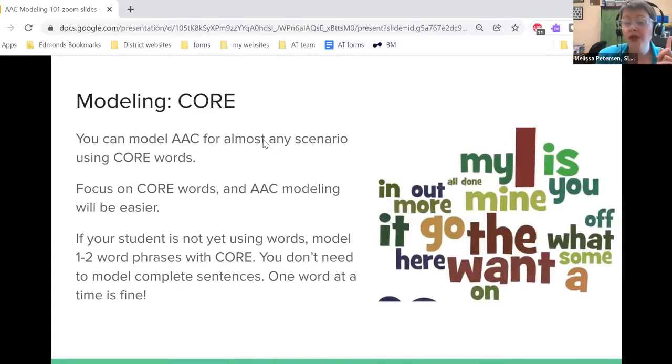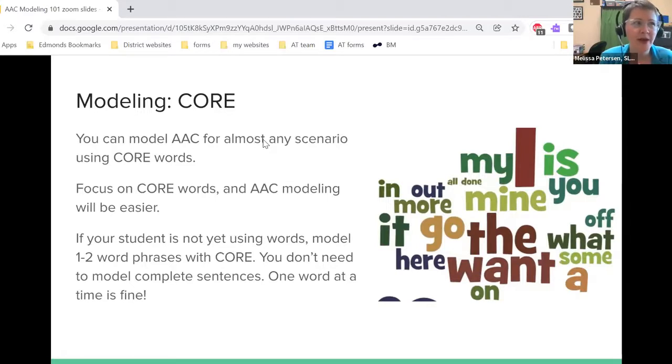And that concept of core words is really useful because if you remember that 80% of what we say is the same small chunk of words, and you focus on using those words when you're modeling, it's so much easier.